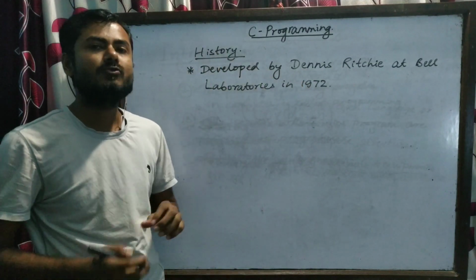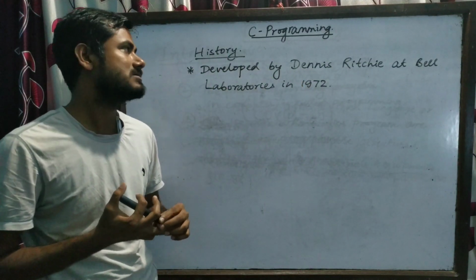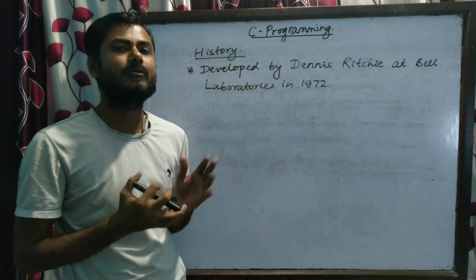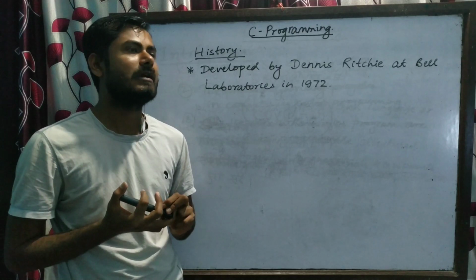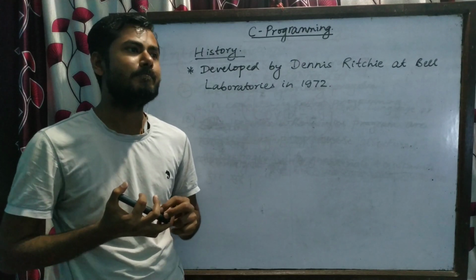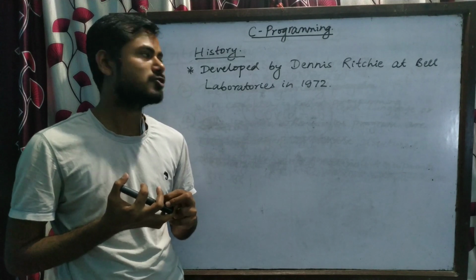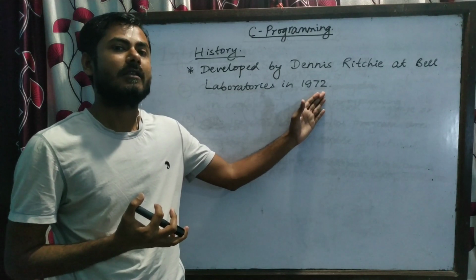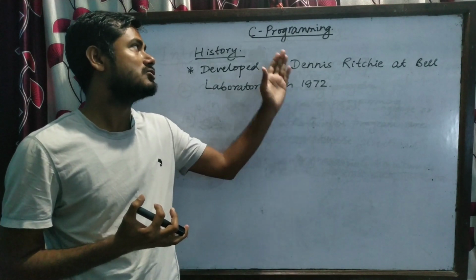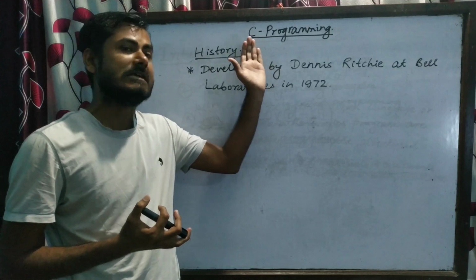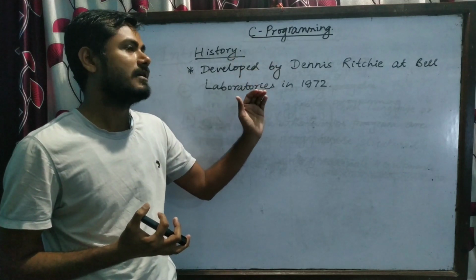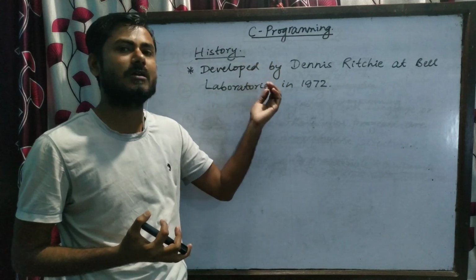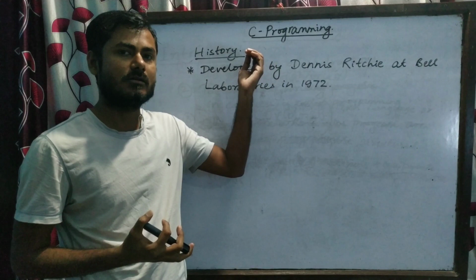And why was it named C? Before C programming there was a programming language called B, which was developed in 1967, and from B it was named C. We can say C programming is one of the offspring of the B language.